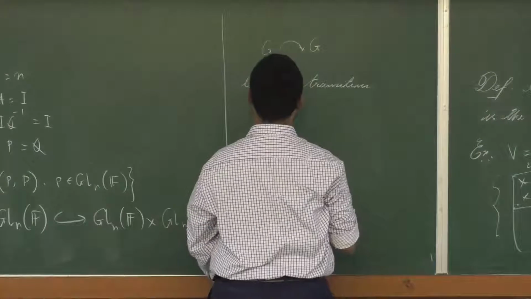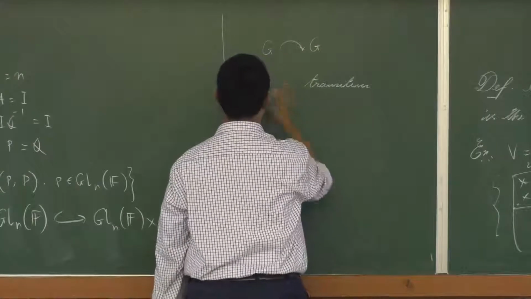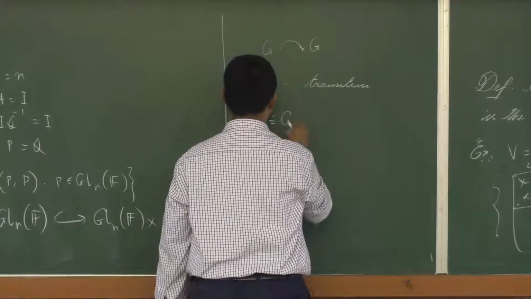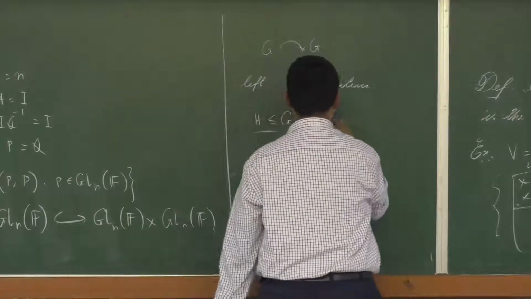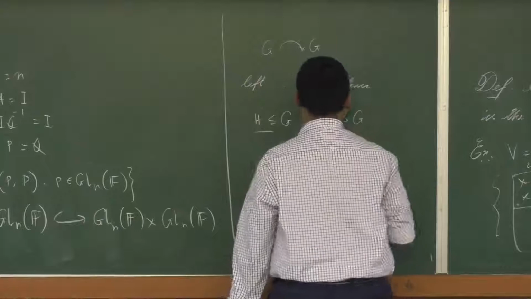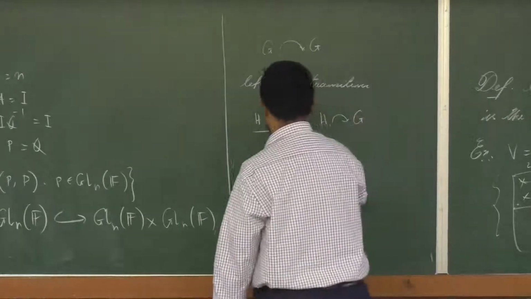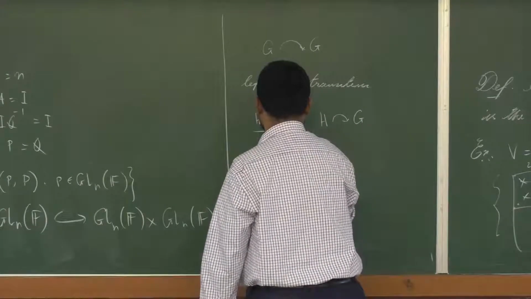Now what we can do is take H some subgroup of G and consider the action of H on G. In this case the orbits are nothing but the right cosets.